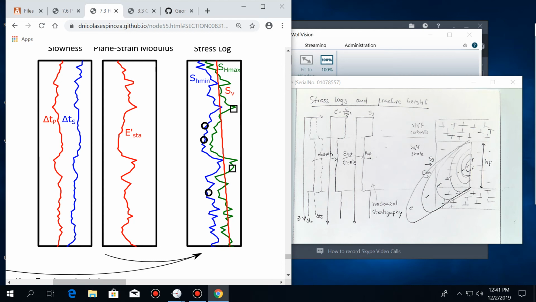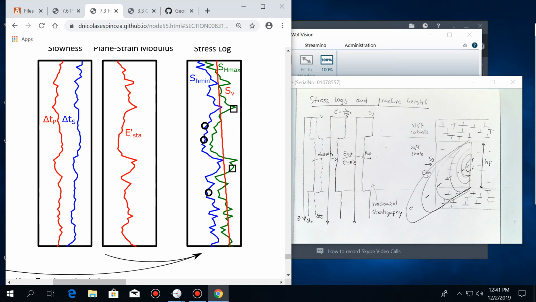If you overcome that net pressure from here to there, it can even go to places in which the minimum principal stress is vertical. But before we do that, the answer is the fracture will just stay mostly around this area.